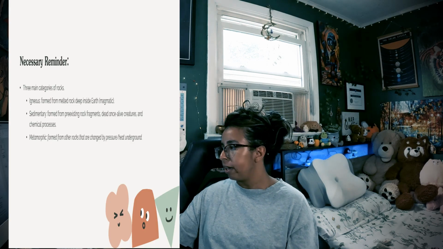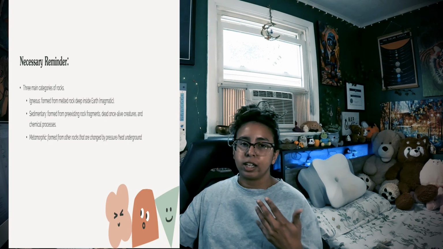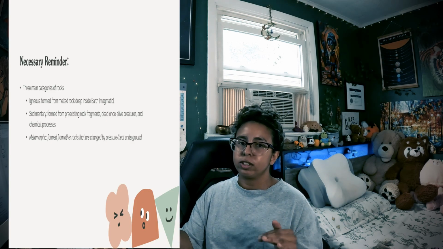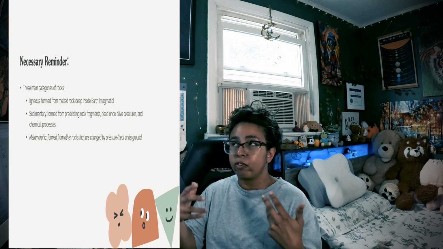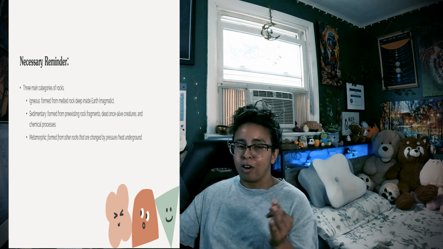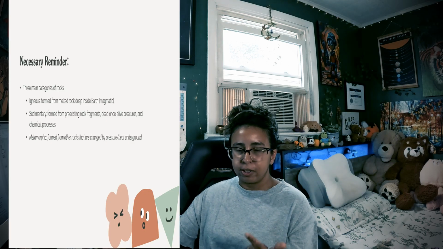The necessary reminder, obviously, is that I just want you guys to remember, so I'm going to remind you every time we talk about different types of rocks, if you need the reminder. If not, you can just tell me to stop reminding you. So there are obviously 3 types of rocks: igneous, sedimentary, and metamorphic.